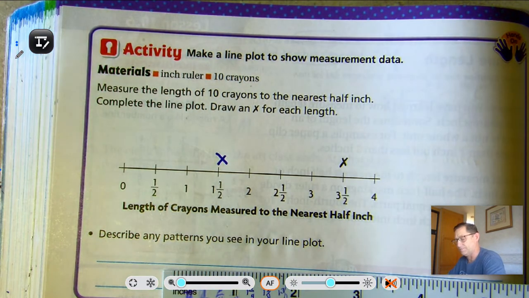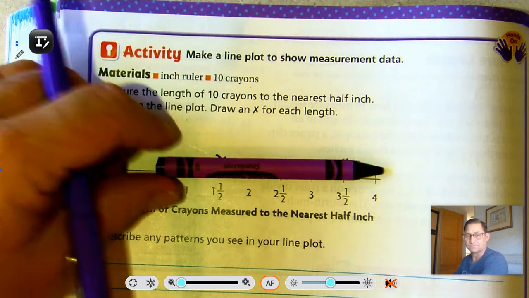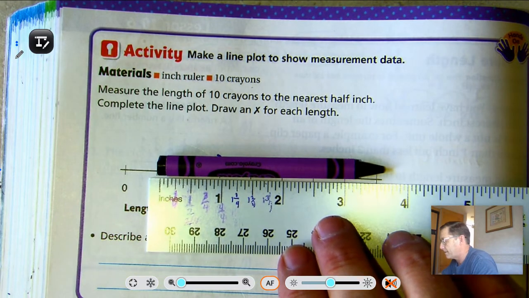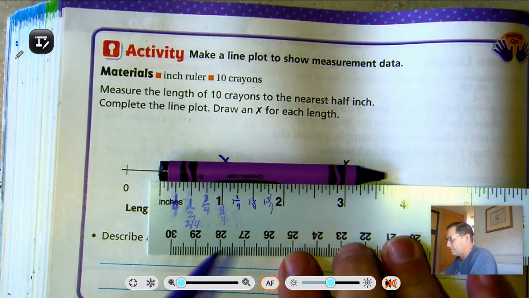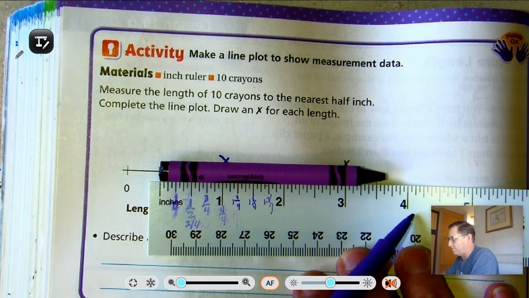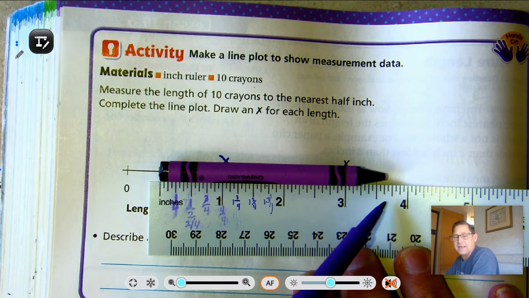Okay, let's get another one. How about this guy? So those look brand new, right? So we'll line it up with 0, and it goes past 3, but hasn't quite reached 4. So it's between 3.5 and 4.